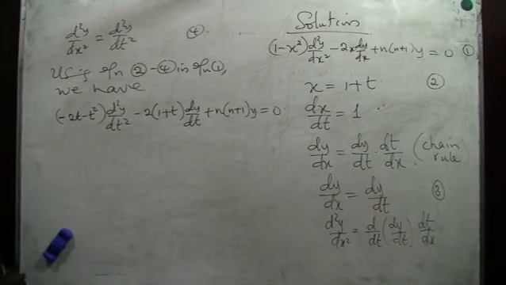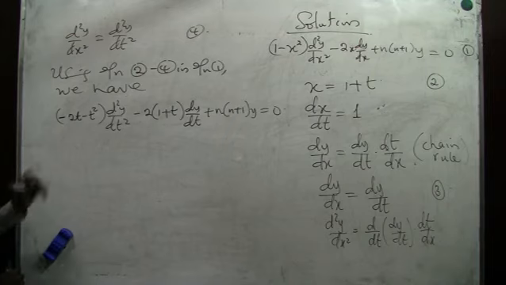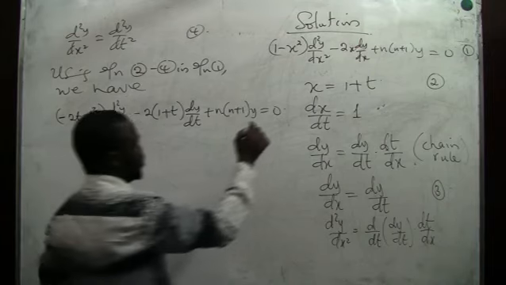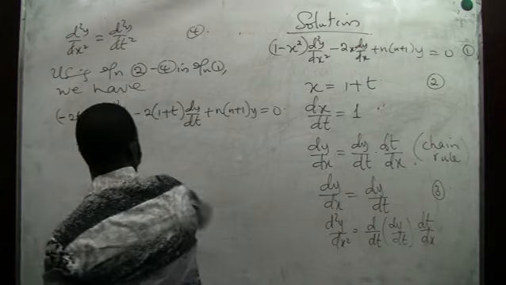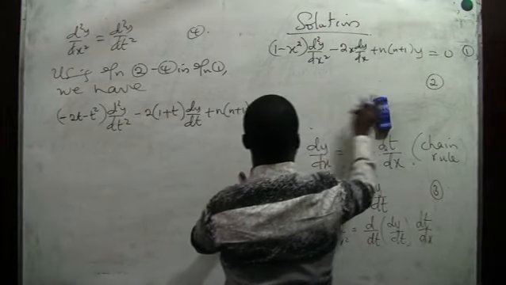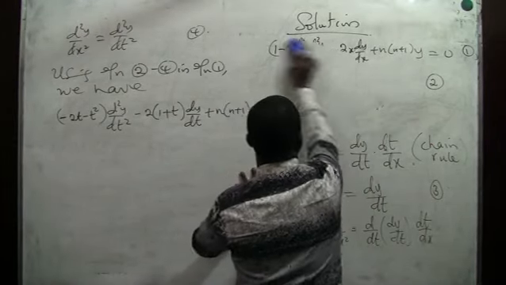We can decide to multiply all through by negative to cancel out the negative, or we maintain what we have. Let us call this resulting equation equation 5.